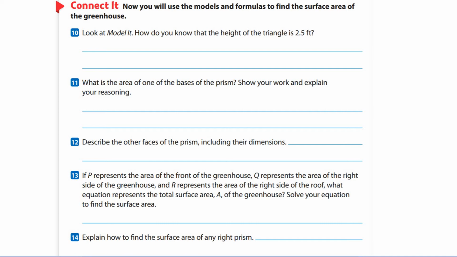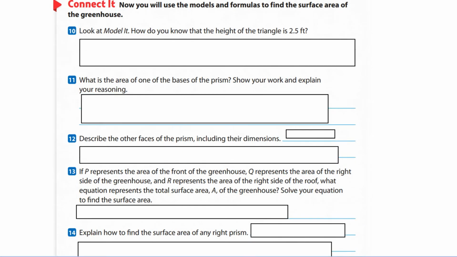Solve your equation to find the surface area. And question 14. Explain how to find the surface area of any right prism. Again, pause this video. Take your time solving it. The answers are going to be revealed after you're done solving them. Then you can check your work or double check your work and make sure that you understand this.